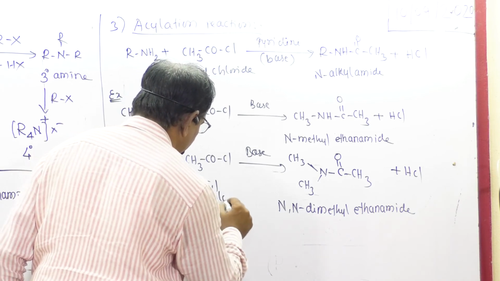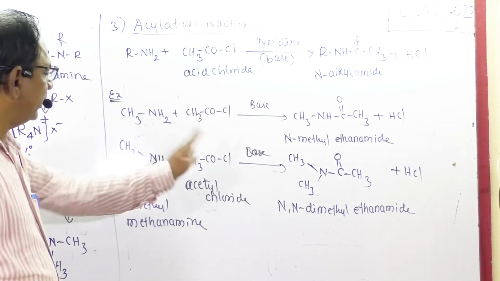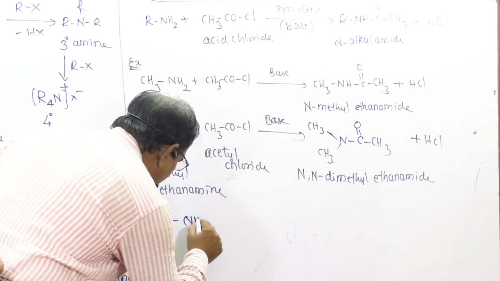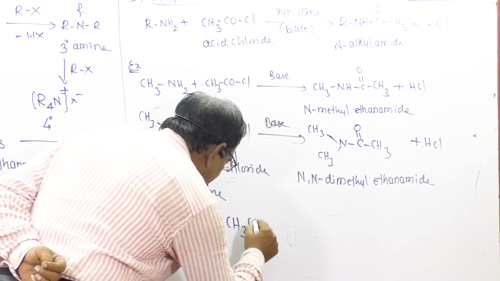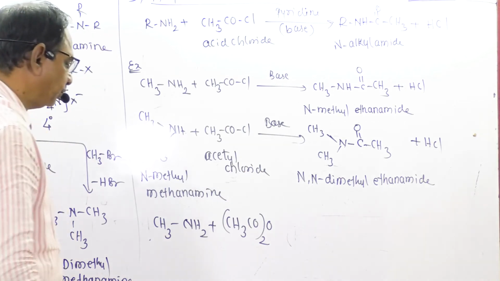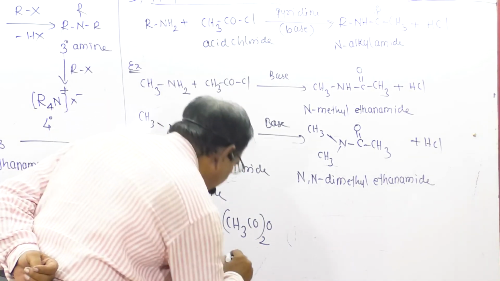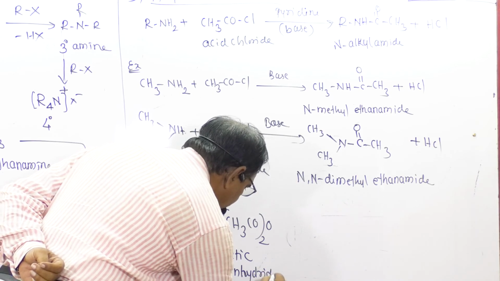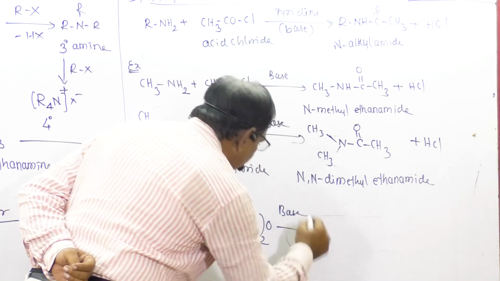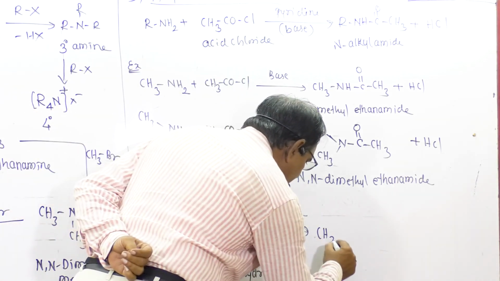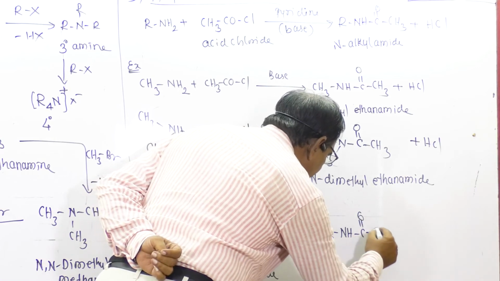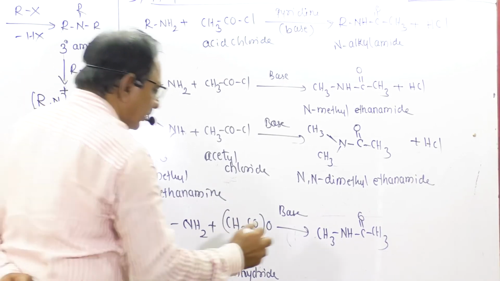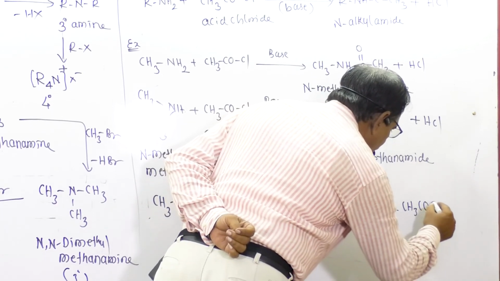Instead of using acetyl chloride, if you use acetic anhydride, for example, CH3NH2 plus (CH3CO)2O, that is acetic anhydride, in the presence of again base, to form CH3NHCOCH3 plus CH3COOH.